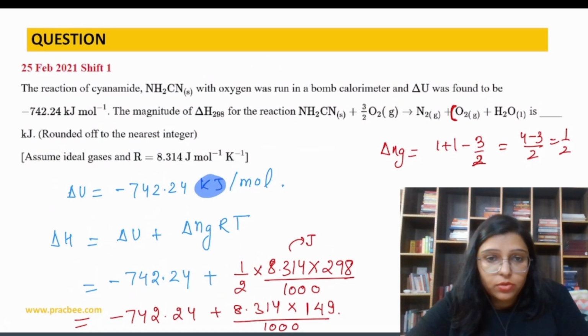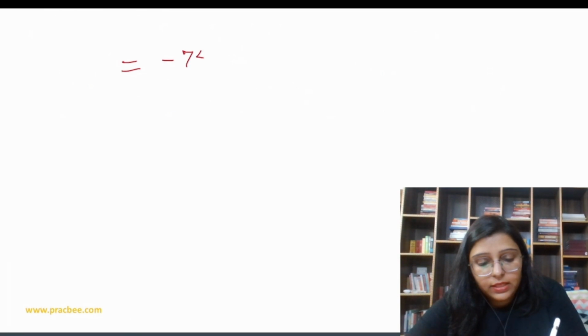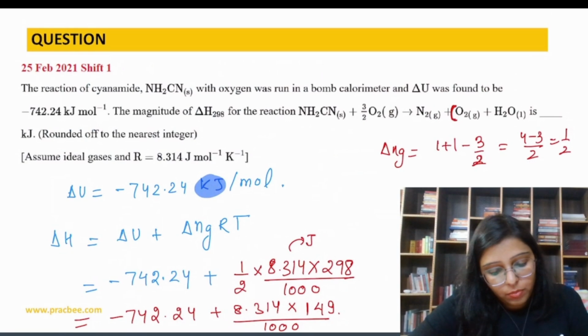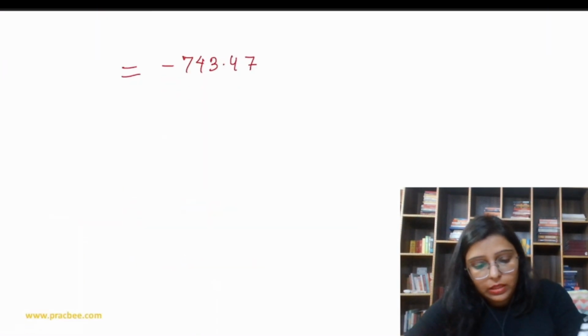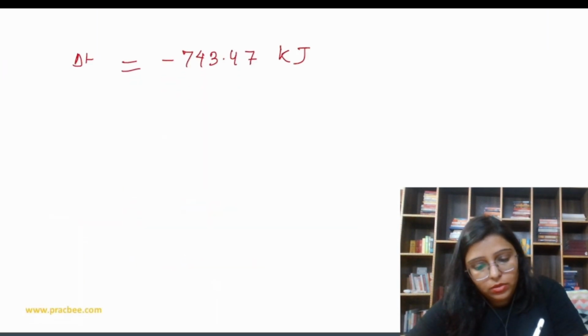When you divide this by 1000, you convert it into kilojoule, and on solving you get minus 743.47. That is the answer, in kilojoule.